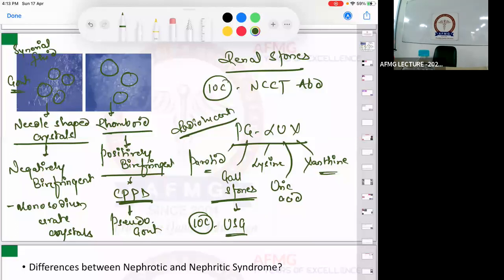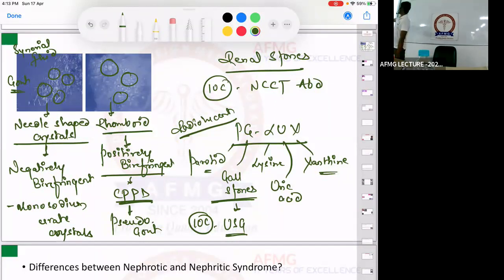Next, in the same case scenario, if on microscopy I get rhomboid-shaped crystals, on polarized microscopy they would be positively birefringent. These are calcium pyrophosphate, CPPD, and are seen in cases of pseudo-gout.